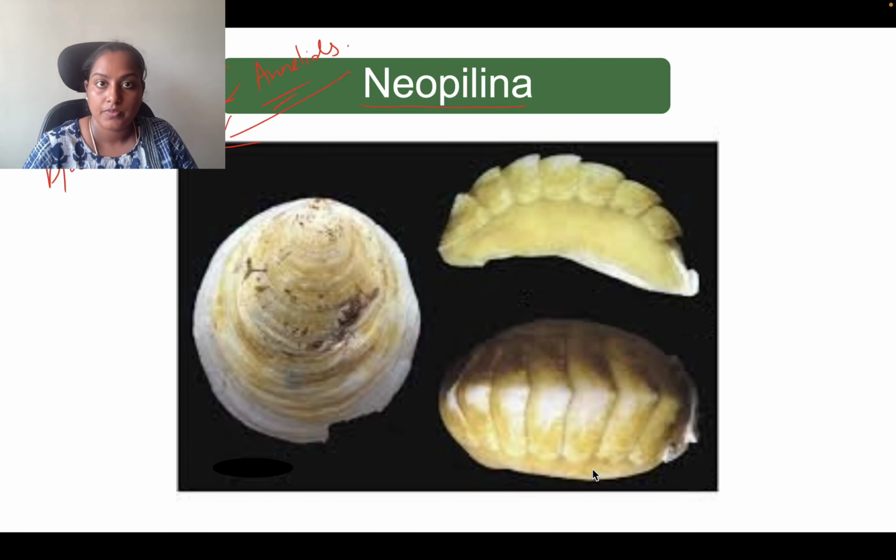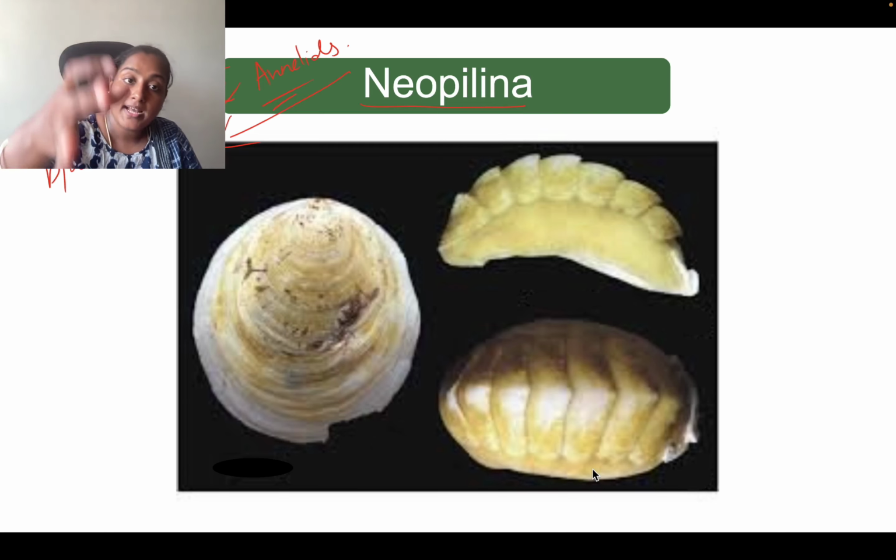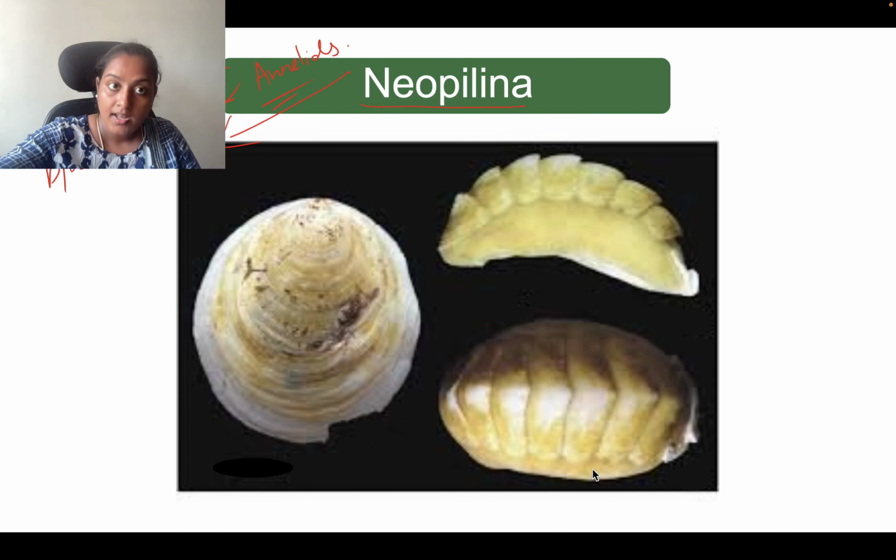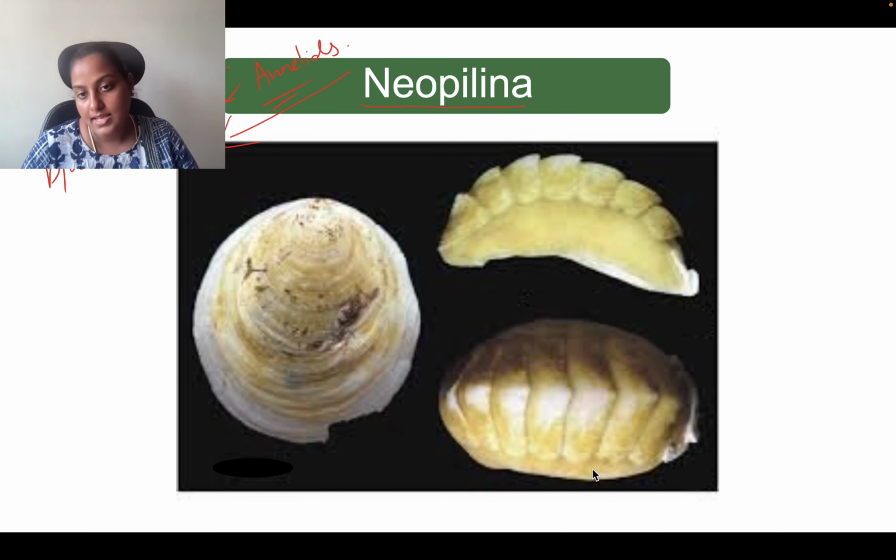Write it here also. Yeah, you can see the beautiful segments. Although it has a shell and a soft body, it still has segments like that of an annelid. So we call it a connecting link between Mollusca and Annelida.